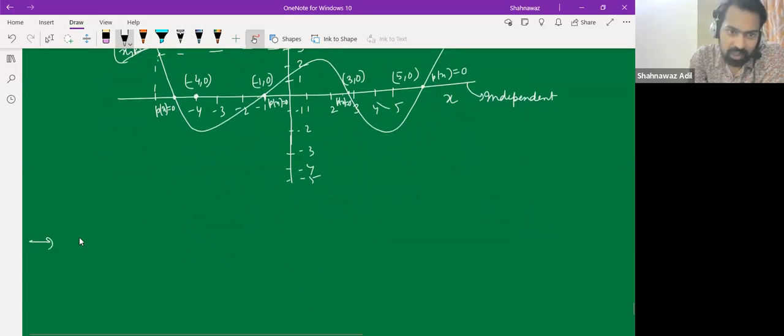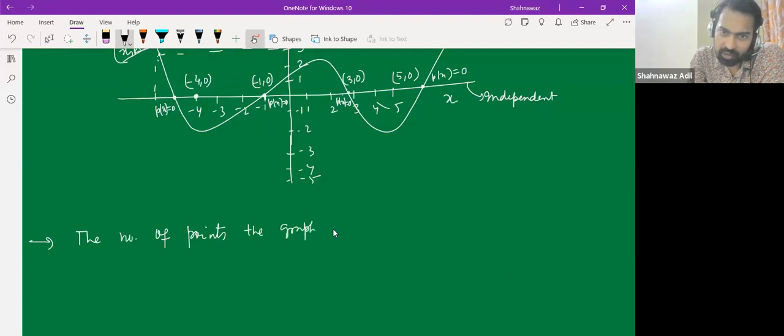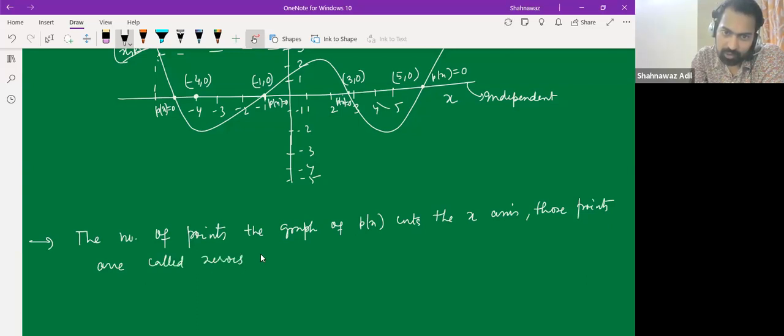So the number of points at which the graph of px cuts the x-axis, those points are called zeros of the polynomial.